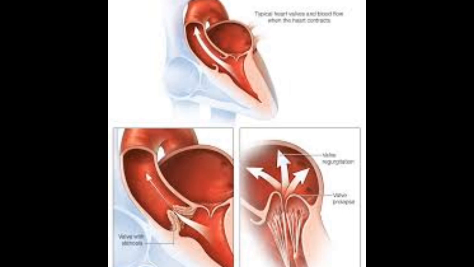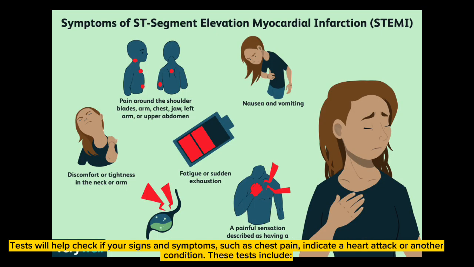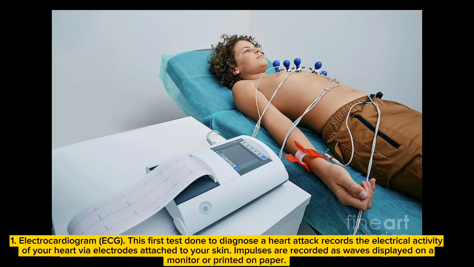Diagnosis and tests. Tests will help check if your signs and symptoms, such as chest pain, indicate a heart attack or another condition. These tests include: 1. Electrocardiogram (ECG). This first test done to diagnose a heart attack records the electrical activity of your heart via electrodes attached to your skin.